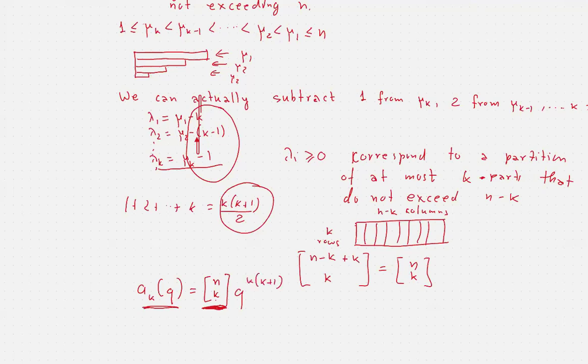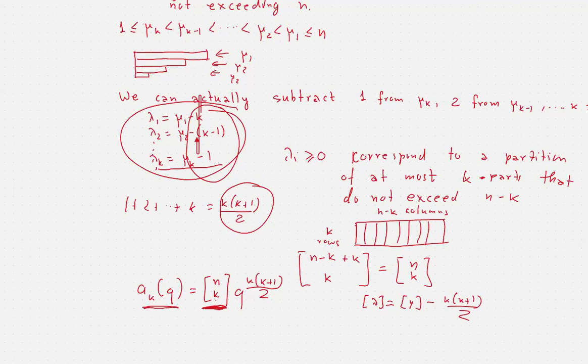meaning the size of the partition lambda is going to be exactly equal to the size of the partition mu minus k(k+1)/2. Okay, and this is precisely because these numbers were defined by subtracting the numbers 1 through k from the mu_i's.